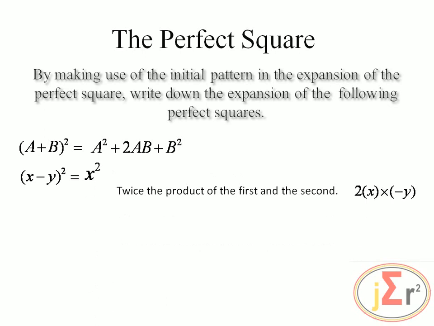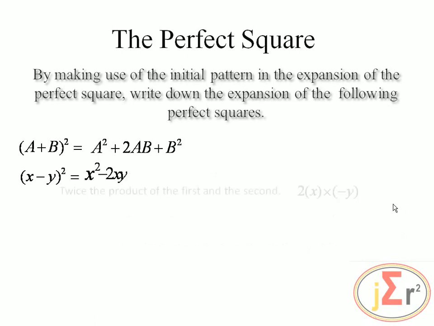The first is x. The second is negative y. So 2 times x times negative y is negative 2xy. And square the second. When we square the second, negative y is squared. A square is always positive. Negative multiplied by negative is positive. So that's it. And this one is the one that we will be making use of when we are taking a look on the slide in which we will be solving the problem.